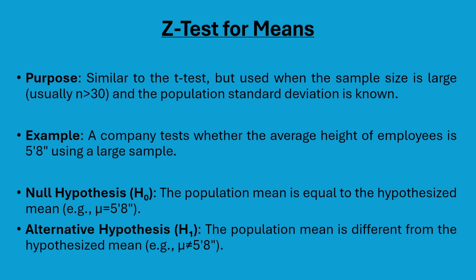So the null hypothesis can be the population mean is equal to the hypothesized mean, that is mu is equal to 5 feet 8 inches. The alternative hypothesis can be the population mean is different from the hypothesized mean, that is mu is not equal to 5 feet 8 inches.